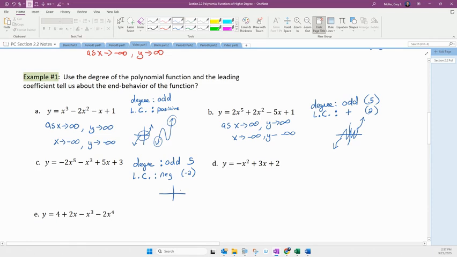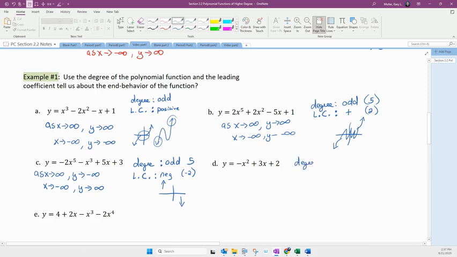So now I know instead of going up, it's going to go down. And since it's odd, we go opposite directions. So I should be looking at this. As x goes to infinity, y is now going down, negative infinity. X goes to the left, negative infinity, y is now going up to positive infinity.